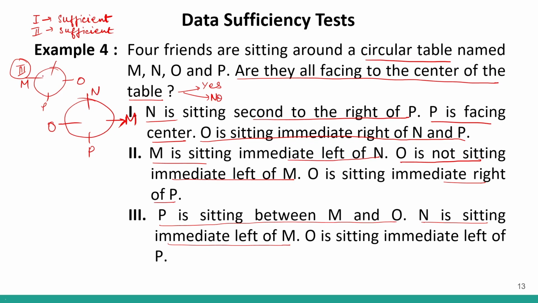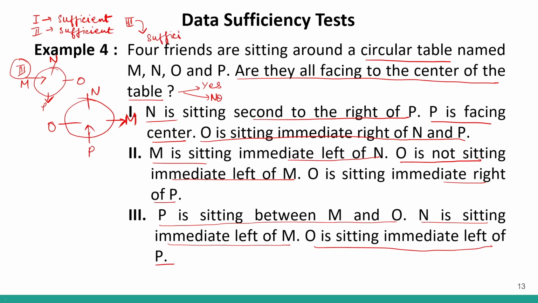Similarly, M will be facing this side and N will be sitting over here. O is sitting to the immediate left of P. Immediate left means P will be facing this side, O will be over here, and P will be facing outside. So even with the third statement, there are 2 possibilities, and each says that not all of them are facing towards the center. Some people are facing towards the center and some are facing outside. So I can say that 3 is also sufficient.